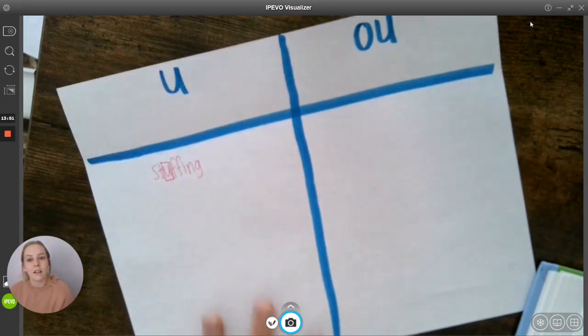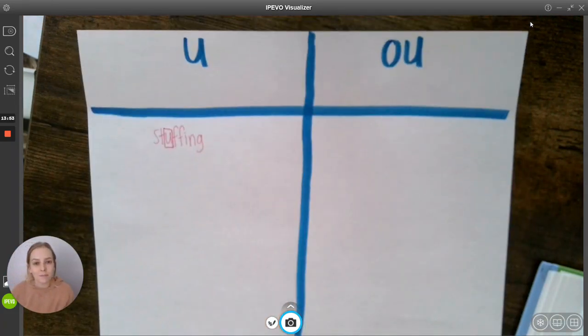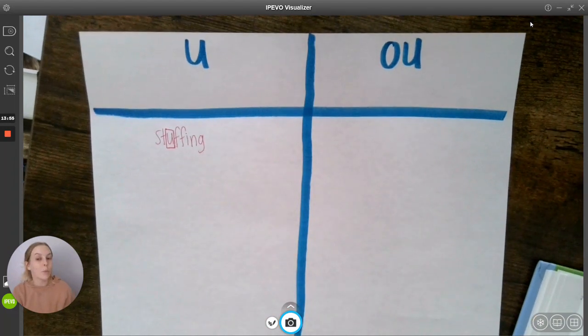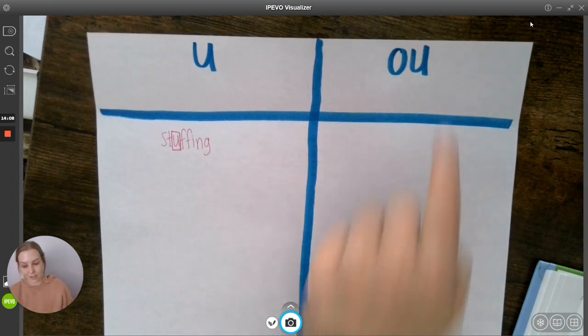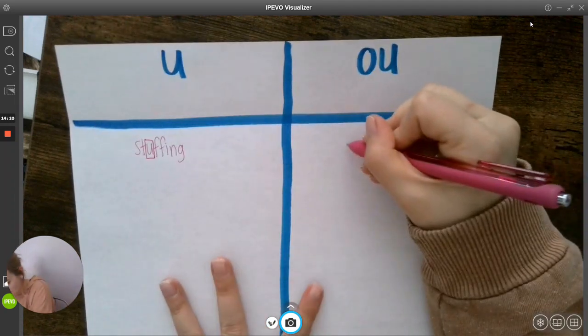Box that phonogram that says it. All right, second word is cousin. Cousin. Since I held up 2 fingers, it should go over here.